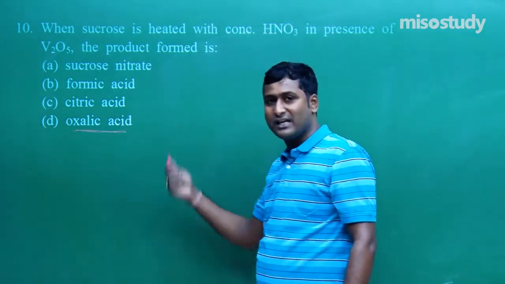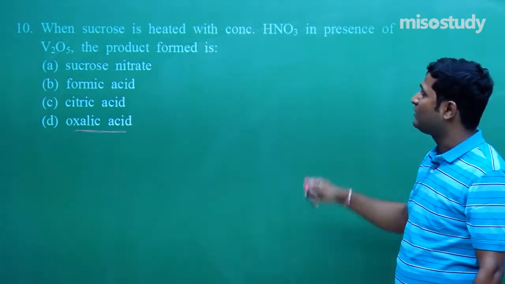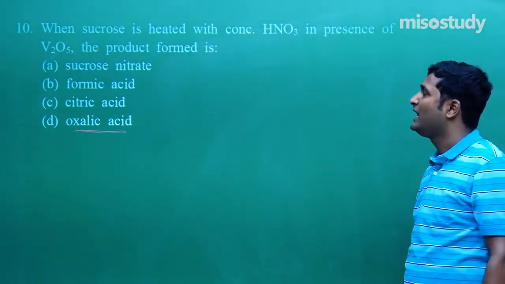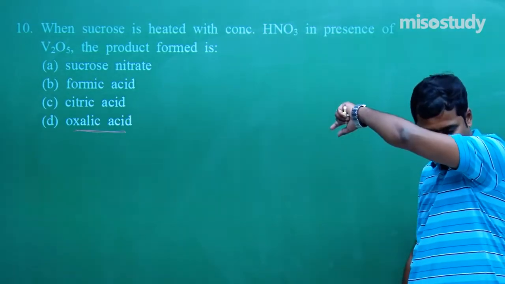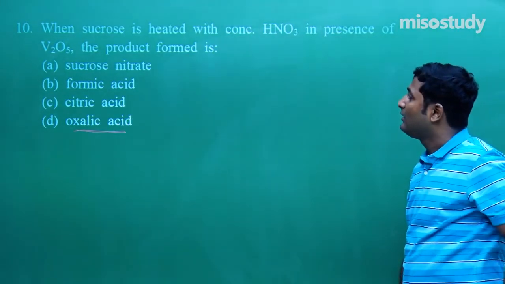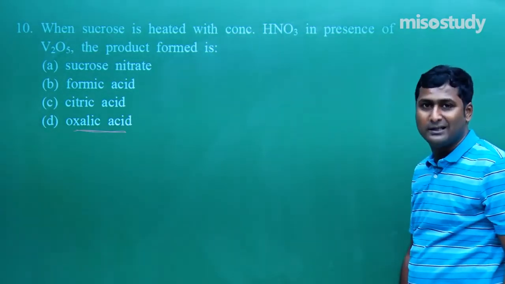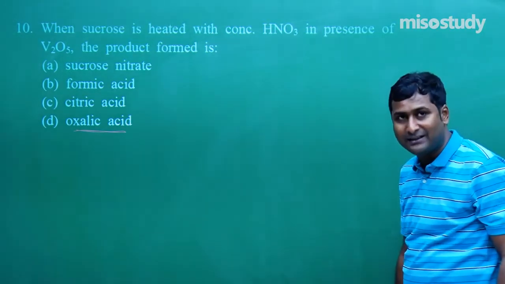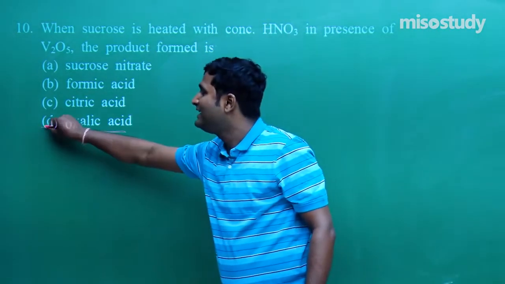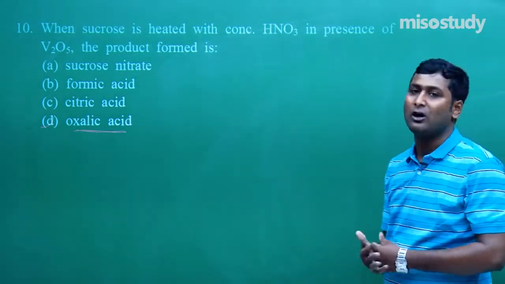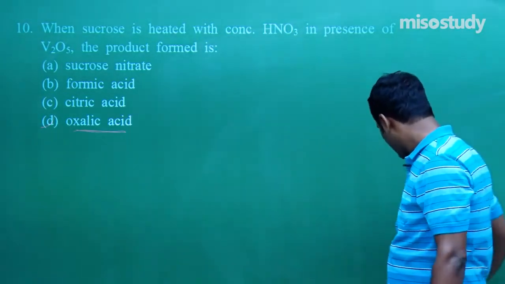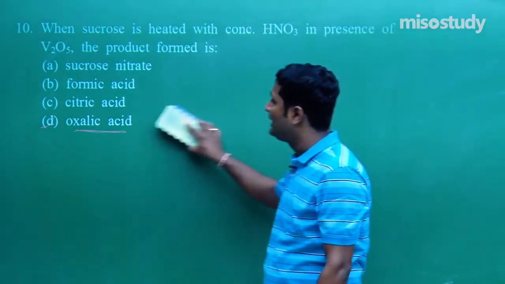This is a GK-type question. When sucrose is heated with concentrated HNO3 in presence of the catalyst vanadium oxide, the product formed is oxalic acid. So for question number 10, D is the correct option. Clear? I think you can easily solve such questions. This is so simple.